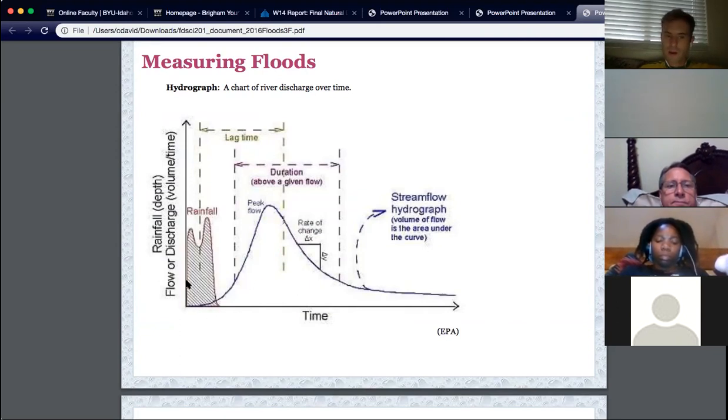And then on your y-axis, this is your rainfall and your flow or discharge. So it's showing two things. Rainfall, because all of a sudden you get a lot of rainfall right up here. And then you notice that there's a lag between this peak and the peak time, the peak flow as well, peak discharge.